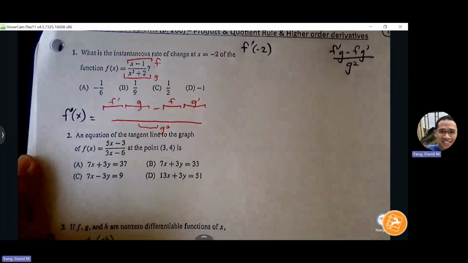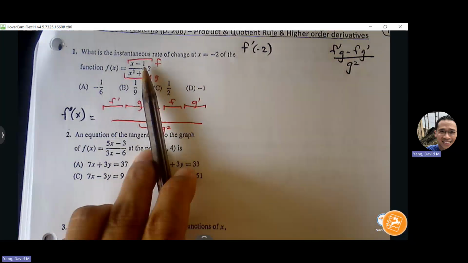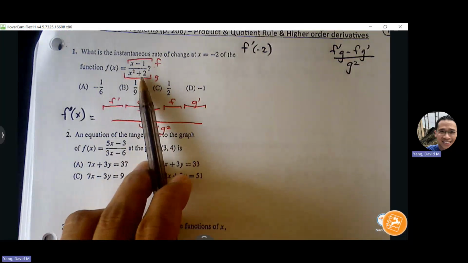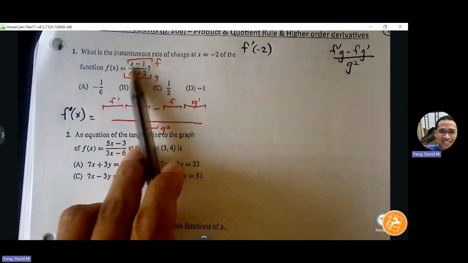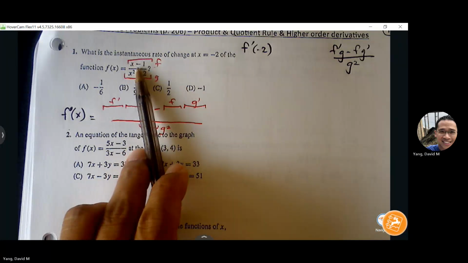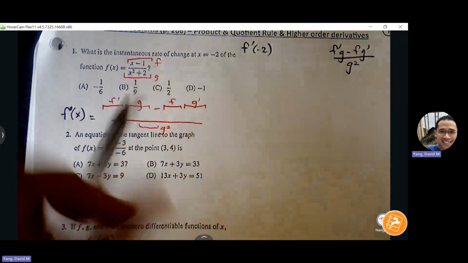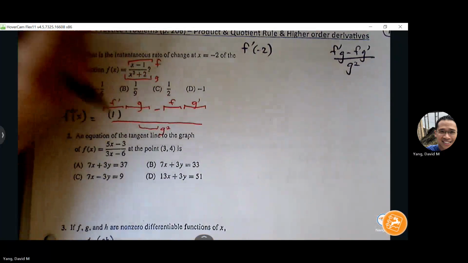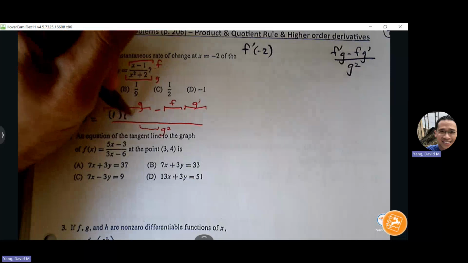Okay, so let's build our derivative here. f is my numerator, denominator is my x squared plus 2. So what's x minus 1's derivative? Just 1, yep, x goes to 1, 1 goes to 0. g function, no changes.